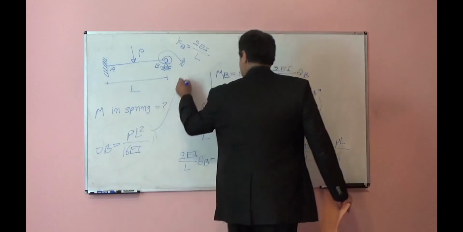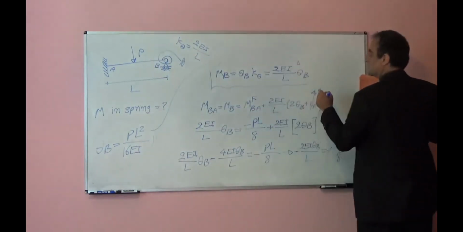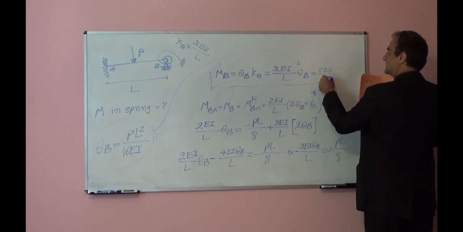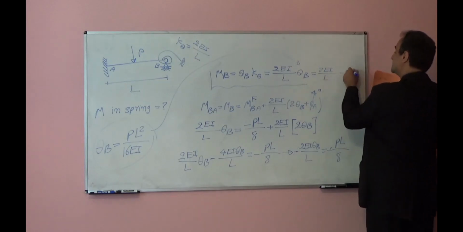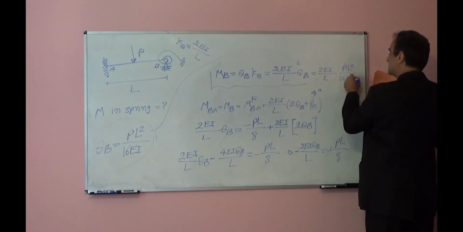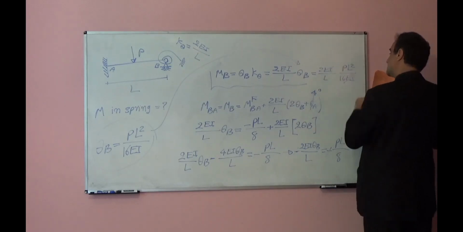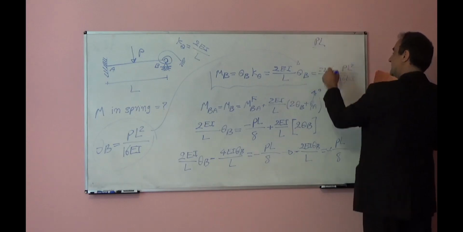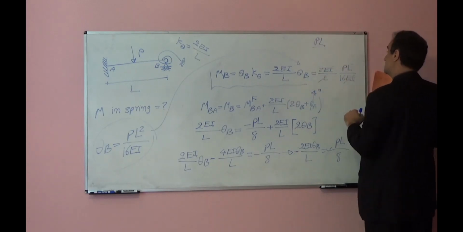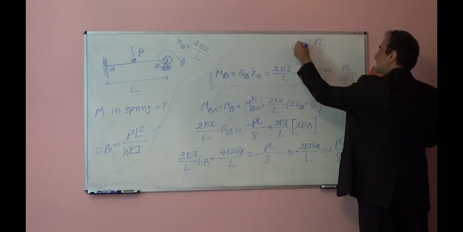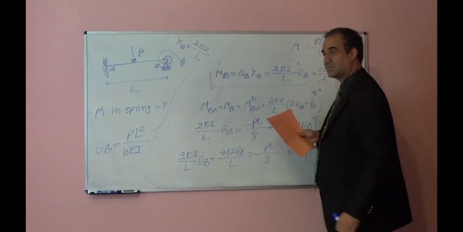If I plug this here, I will have 2EI over L times PL squared over 16EI. EI cancels. This will be PL divided by 8, which is the moment inside of the spring.